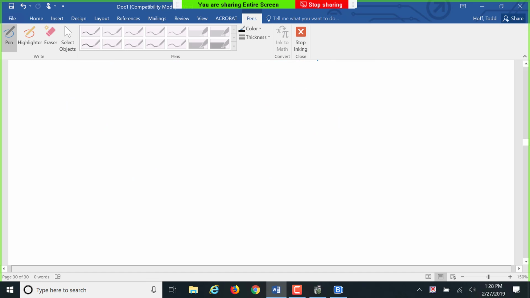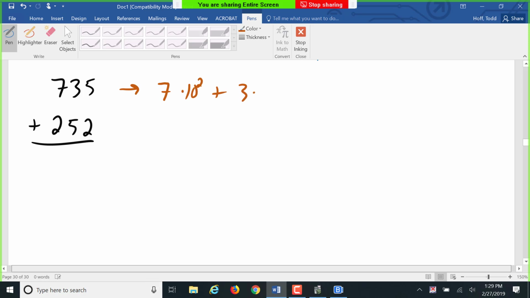Just like with whole numbers, when we had 735 plus 252, when we wrote those out into long form, this was 7 times 10 squared, 700s, plus 3 times 10, 3 tens, plus 5 ones. This was 200s, or 2 times 10 squared, plus 5 tens, and 2 ones.